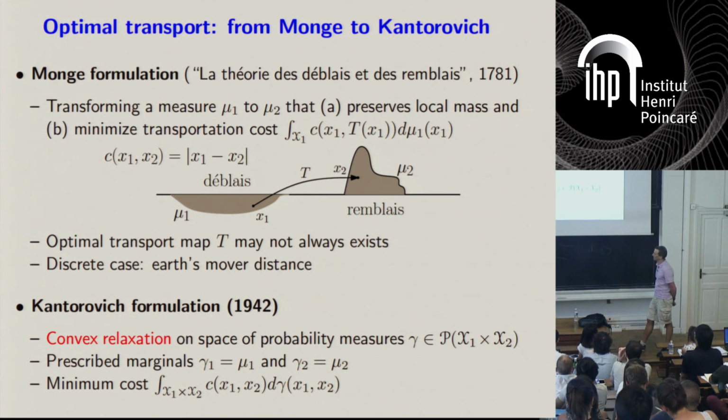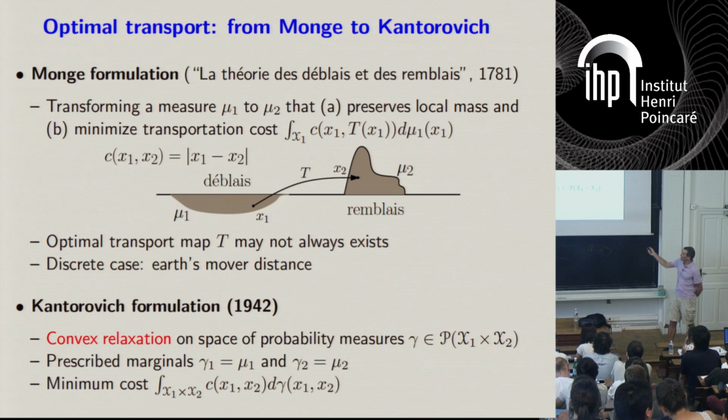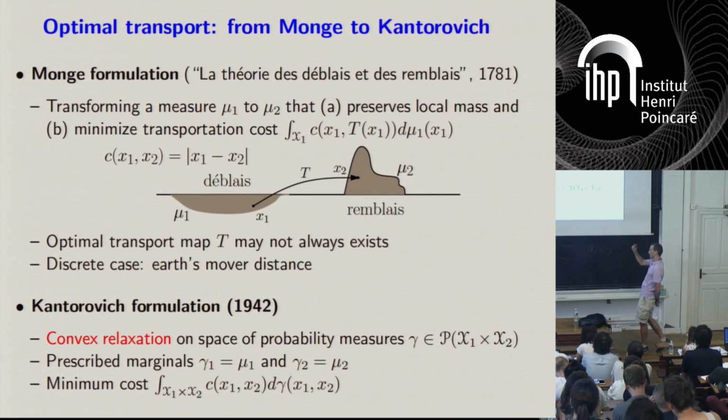So you want to prescribe marginals, and you want to minimize the average cost. The link between the two is that if you solve that one and you take the support of this joint measure, often it will be supported only on a single curve, which will be the map from x1 to x2.